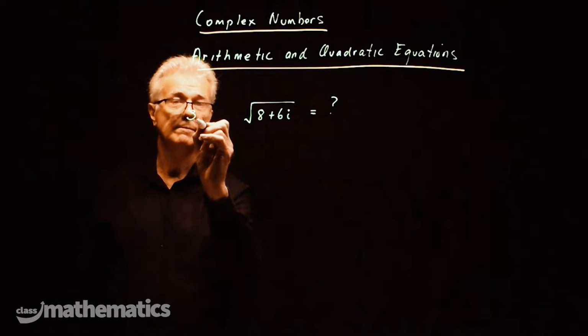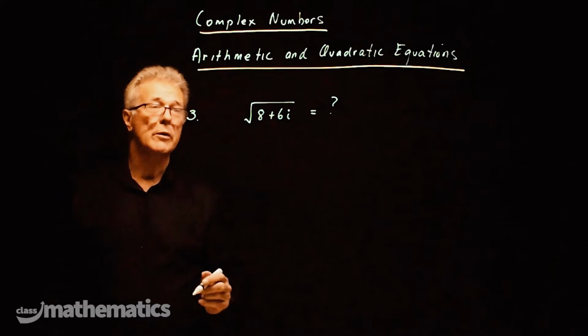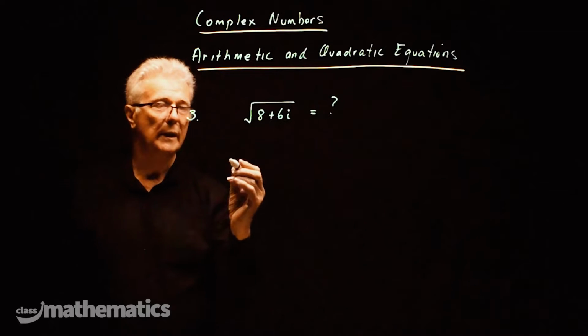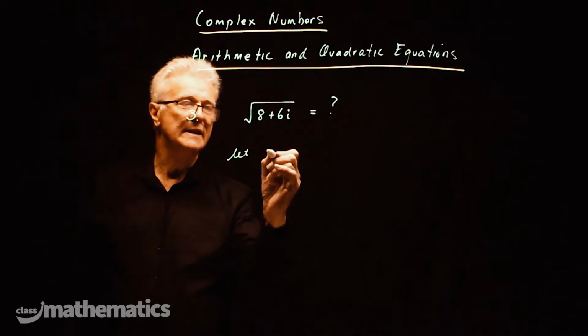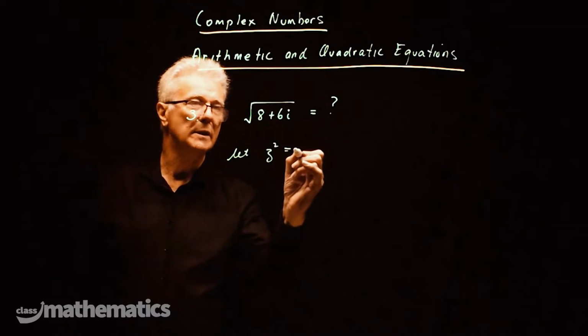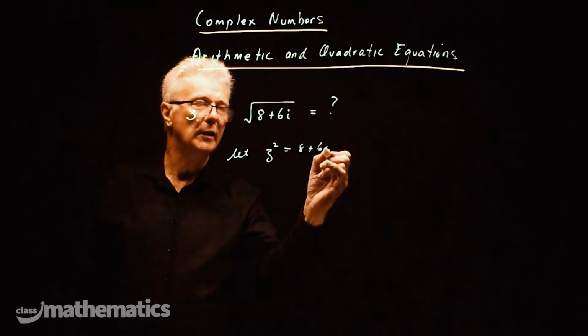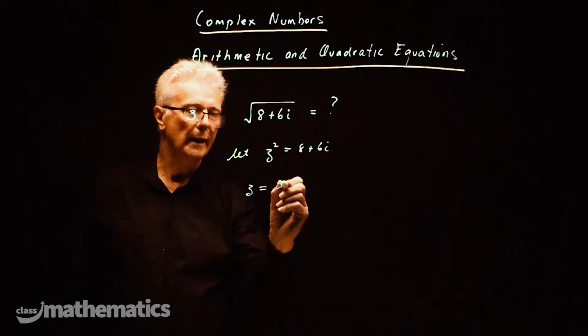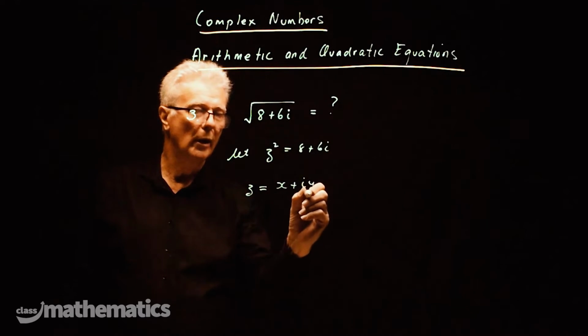Number 3. We have to find the square root of 8 plus 6i. What we'll do here, we'll let z squared equal 8 plus 6i. Now z is equal to x plus iy.